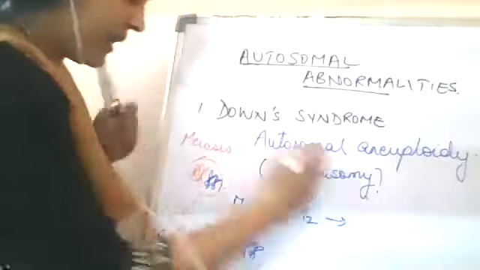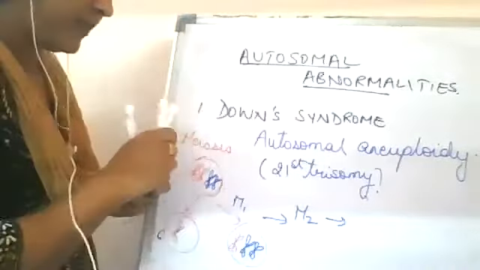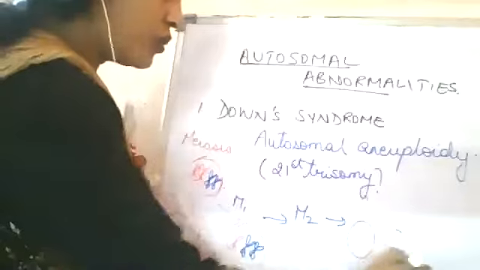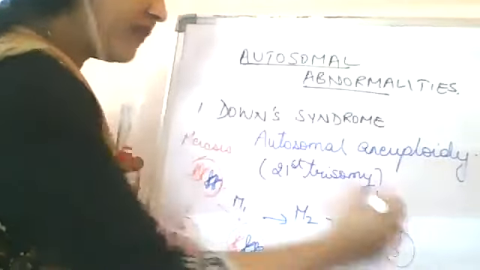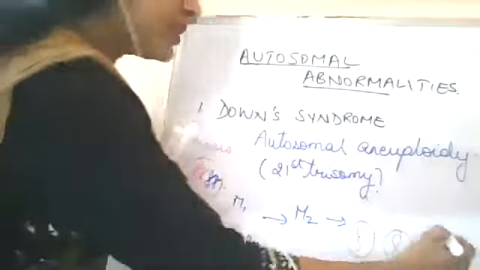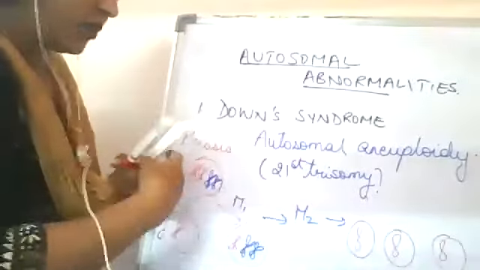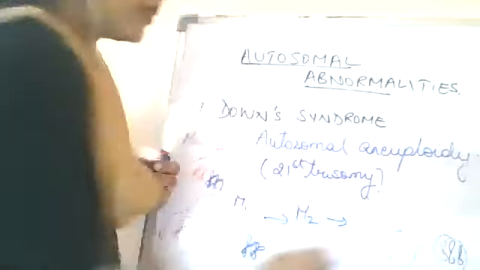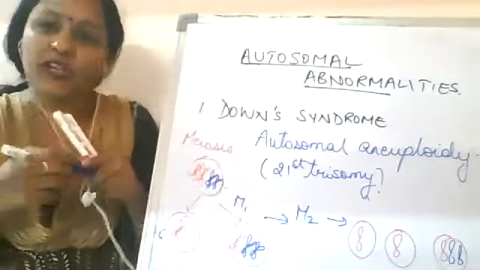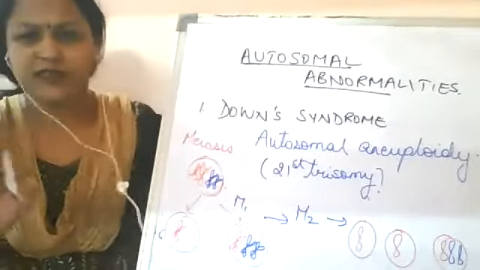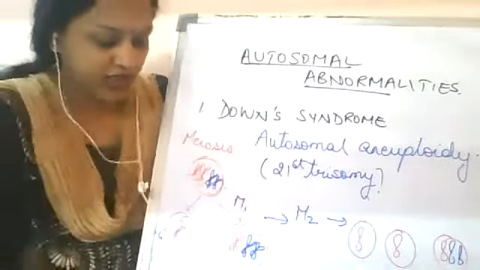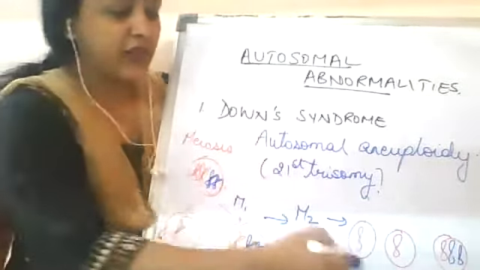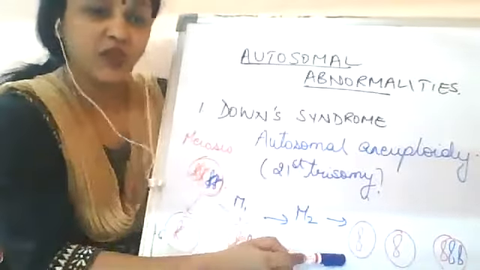Let us draw the condition here. 2 cells will be formed having only 1 chromosome and 2 cells will be formed having 3 chromosomes. Yes or no? Because meiosis 2 is simply an equational division, like mitosis, only the sister chromatids will separate.